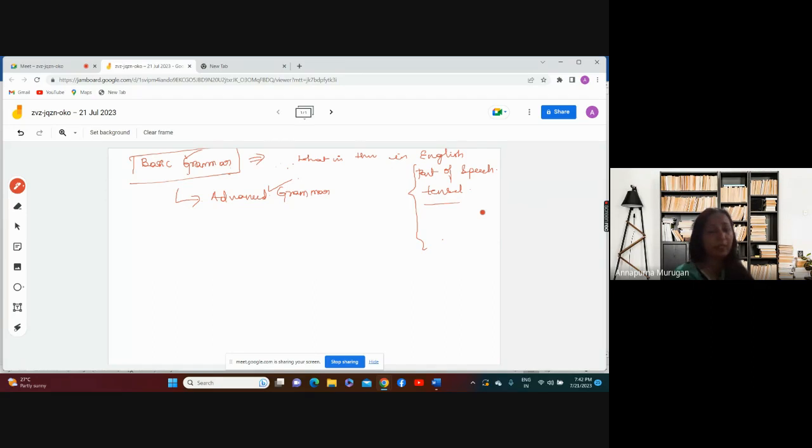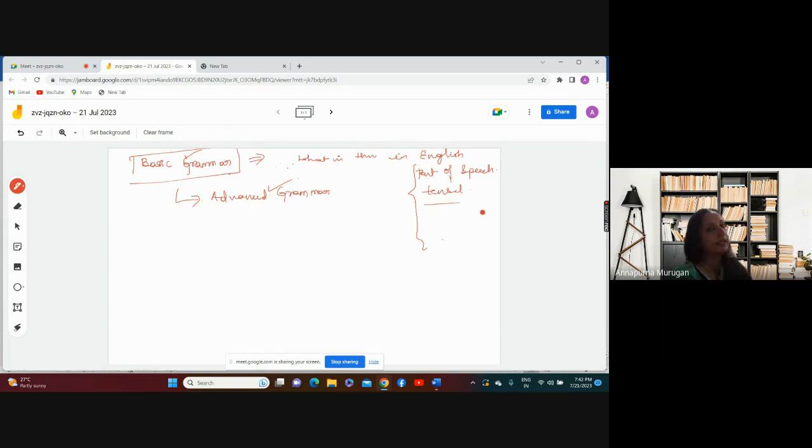So just by basic grammar, you will not be able to even construct compound and complex sentences. But in speaking particularly, you need to speak compound and complex sentences. That means you need to connect more than one idea when presenting one statement. That is what we expect you to do in writing also.